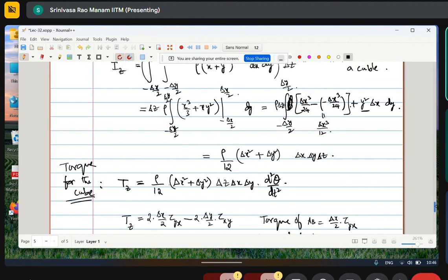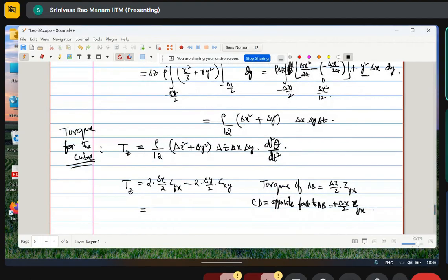Delta Y is here. Delta X, delta Z. So that is the distance. And then you look at the full cube, delta Y, delta Z is also there. It is the same for each slice.